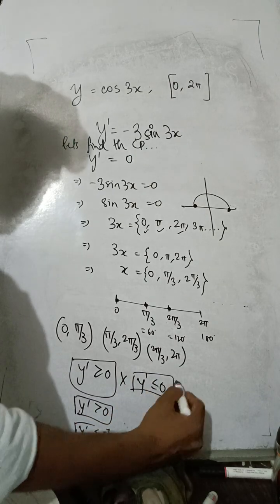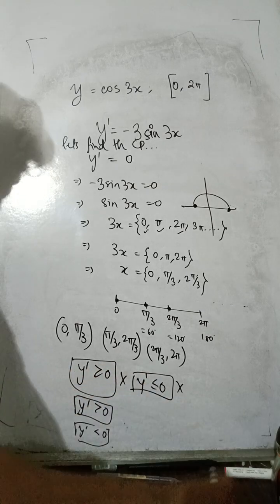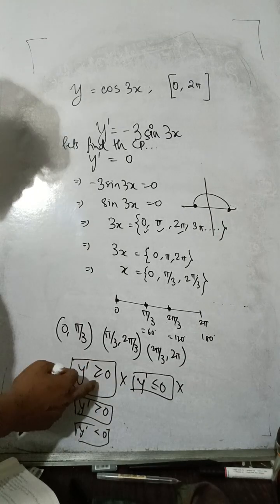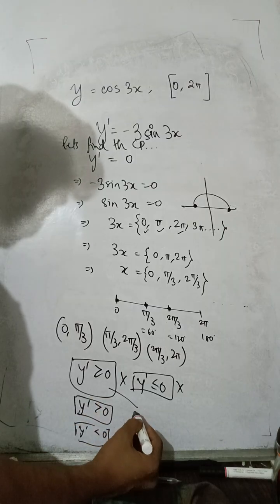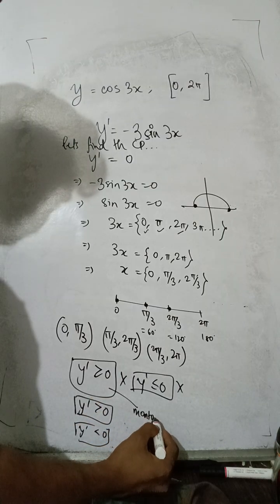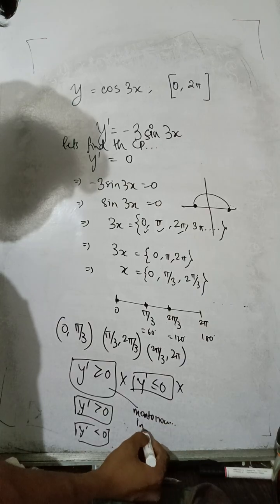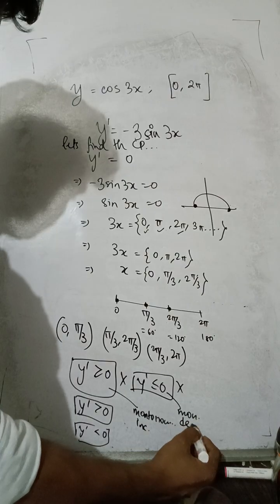Now, why do we not want this, but we are entertaining these two? The reason is very simple. Look, when y dash is greater than or equal to 0, it means the function will be monotonously increasing, and this means it is monotonously decreasing.